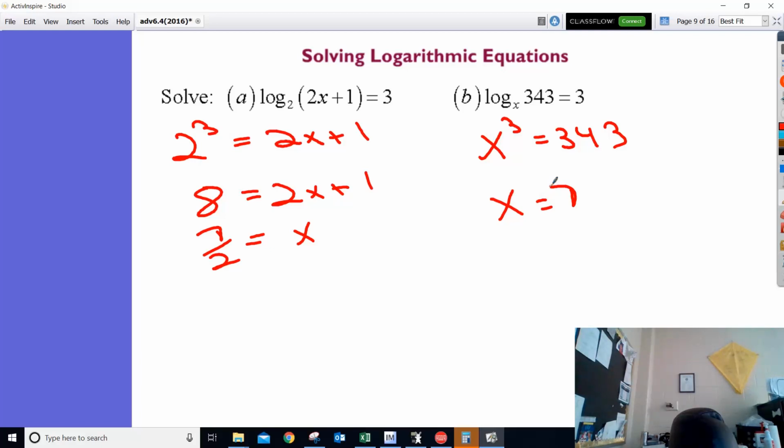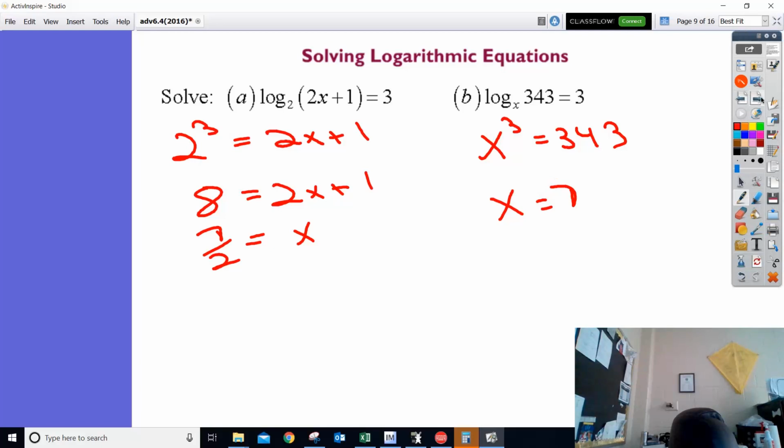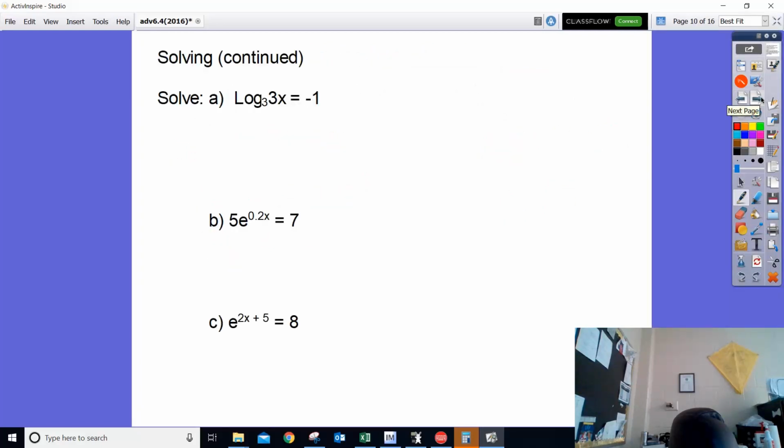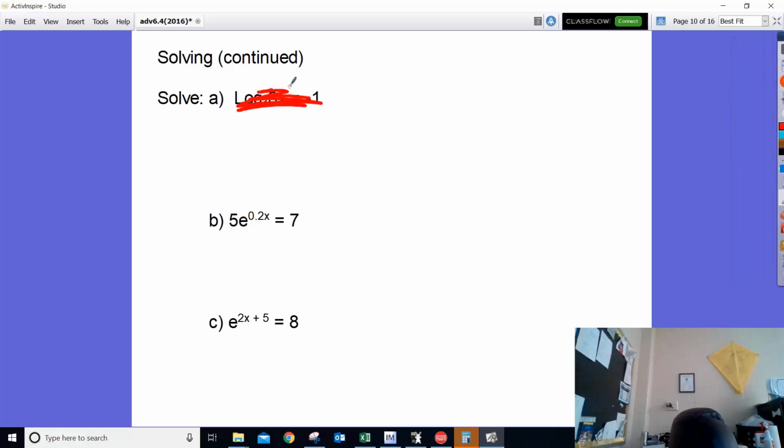Of course, we didn't need that change of base yet. We won't need it until we actually have an exponential function given to us, like these. Let's see what else in your notes here.